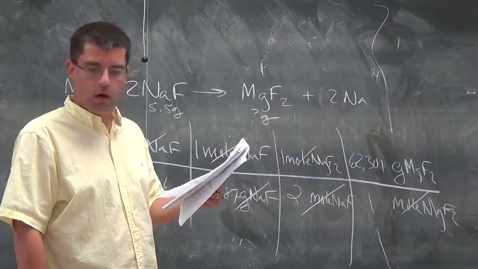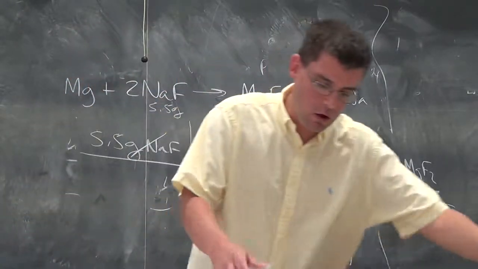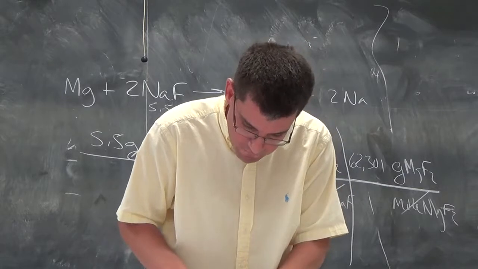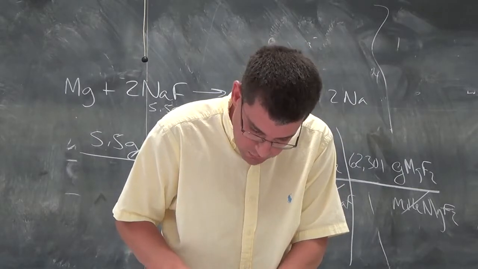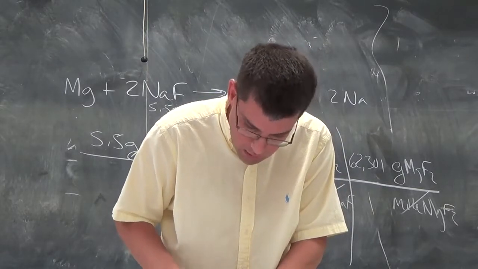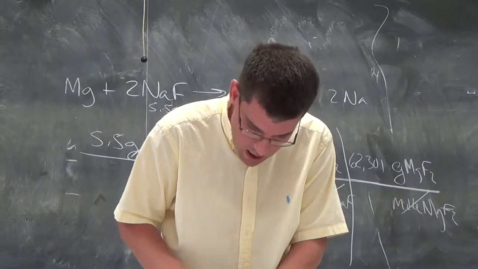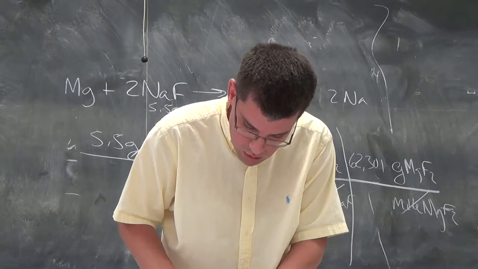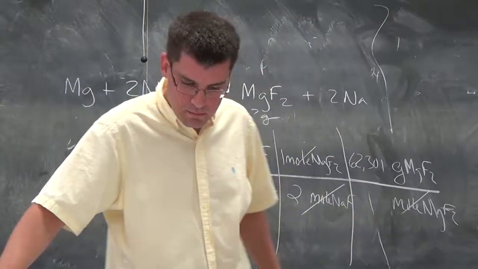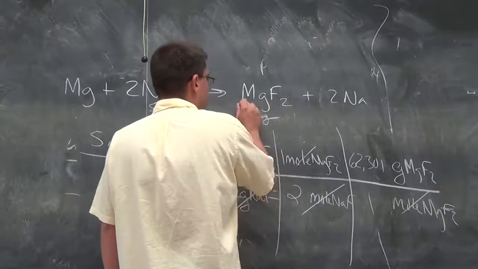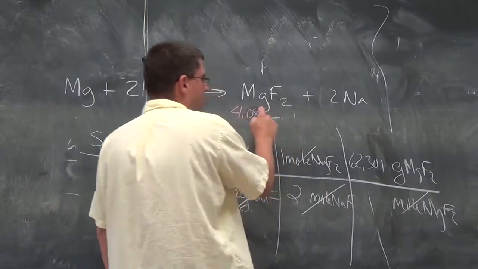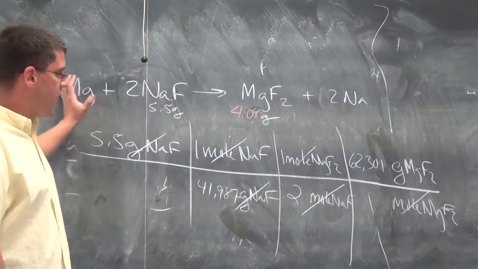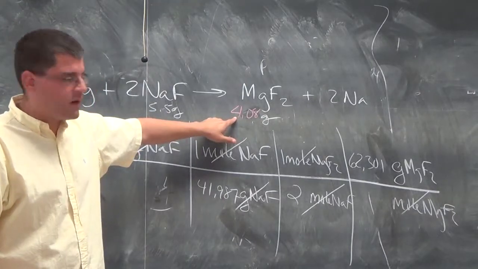Here we go. 5.5 times 62.301, divided by 41.987 times 2. Perfect. 4.08 grams of MgF2. So when you start off with this and you're reacting with this, this is how much you would find in the beaker.